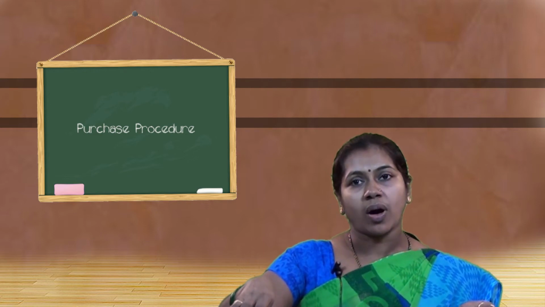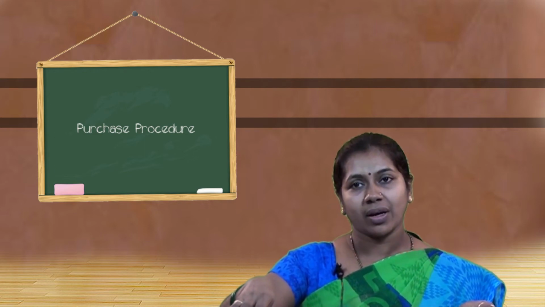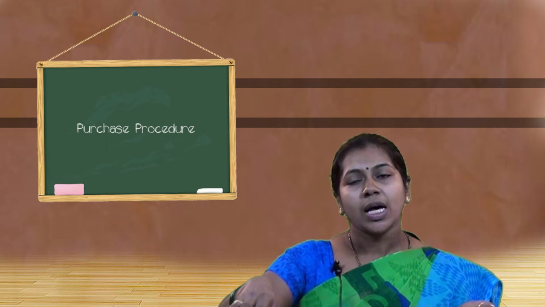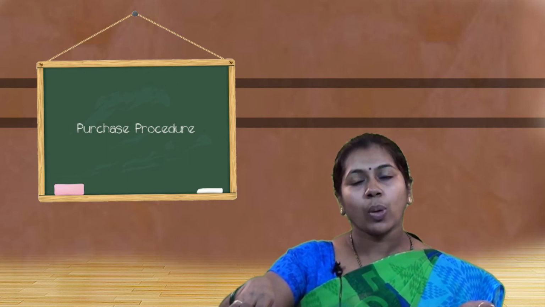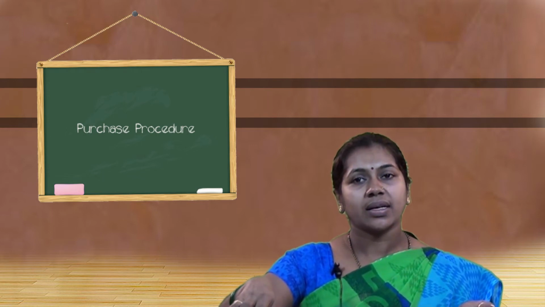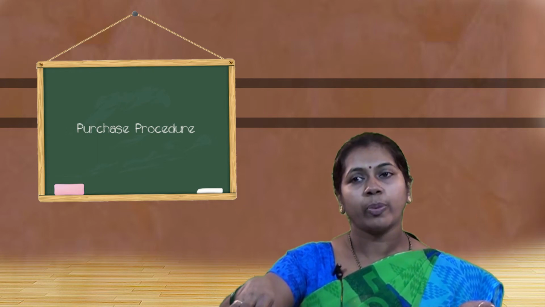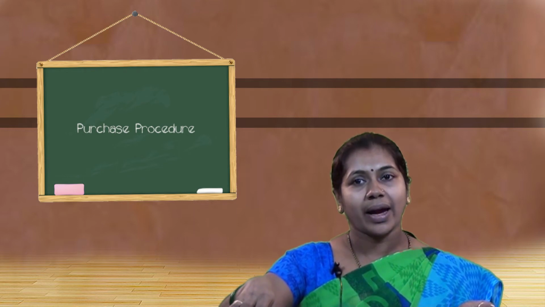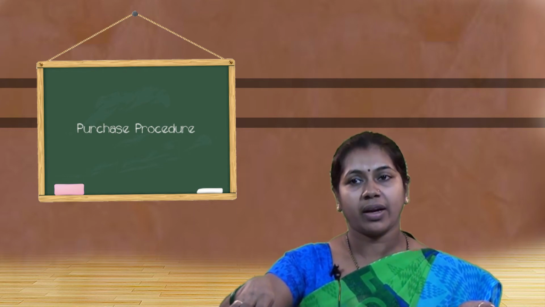Third step involved in the purchasing procedure is placing the order. A purchase order is a request by the purchaser to the supplier to deliver the goods stated therein. It is a written authorization to the approved supplier to supply goods of requisite quantity and quality at the terms and conditions agreed upon.